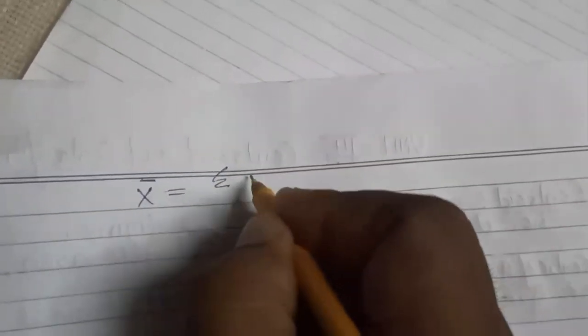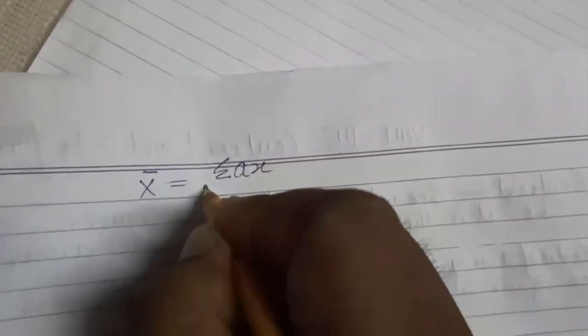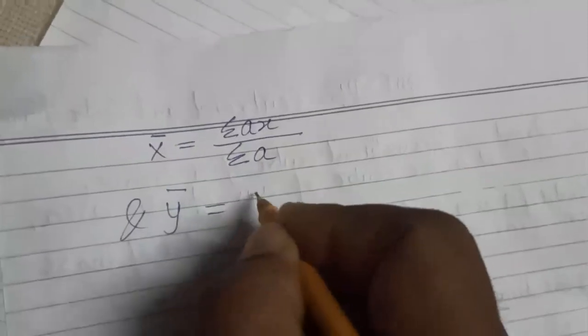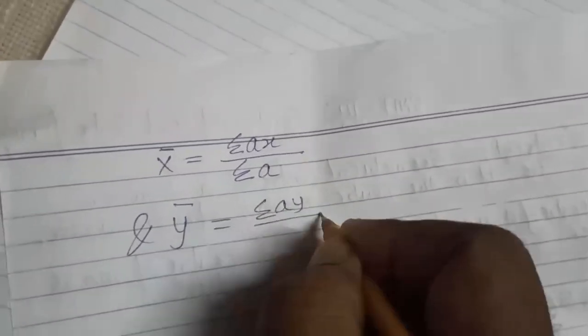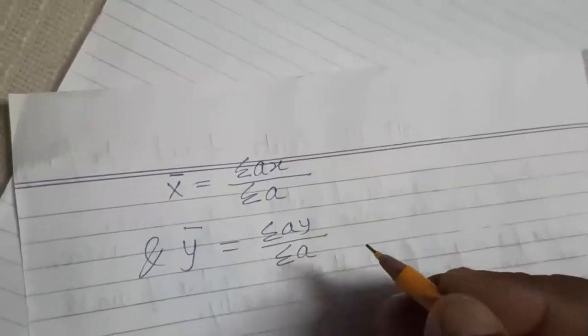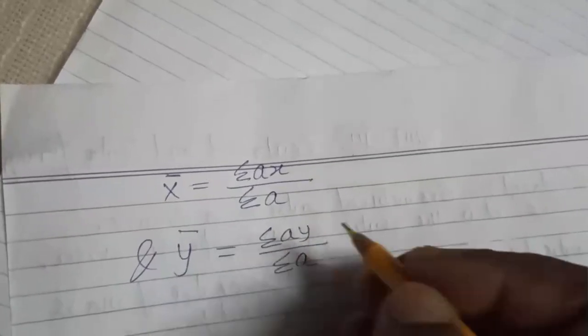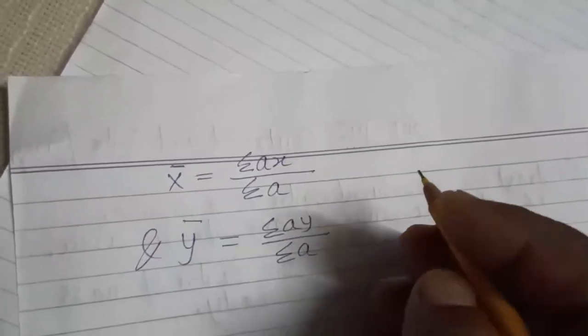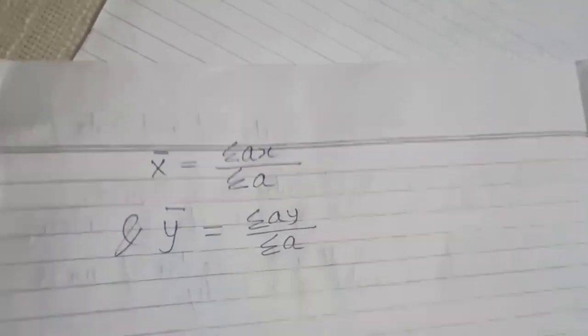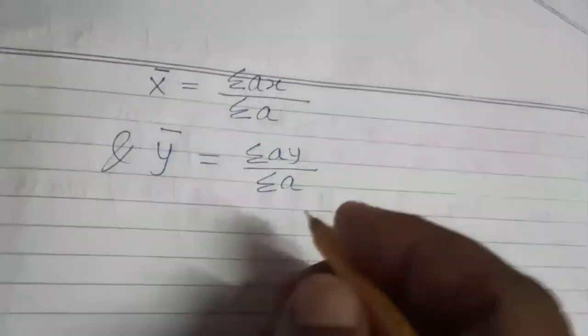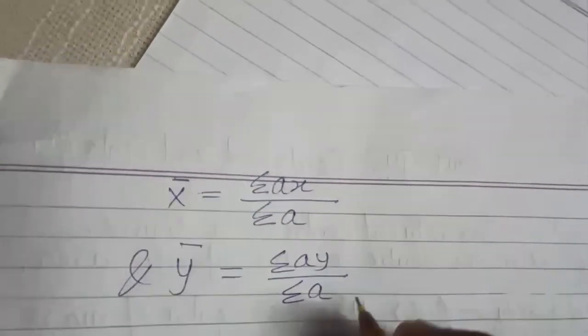So from this we can say that x bar is equal to summation ax upon summation a, and y bar is equal to summation ay upon summation a. So these are the centroid.